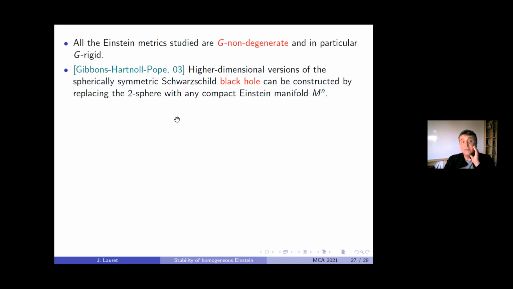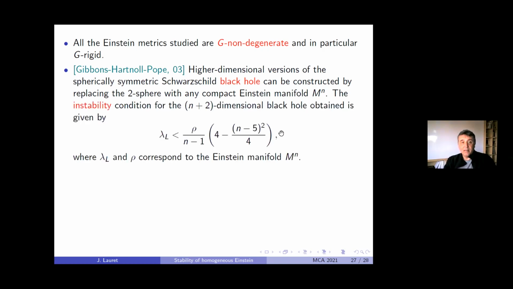There is this generalization of the famous Schwarzschild black hole, which is a 4-dimensional pseudo-Riemannian metric with some properties, where you replace the two-sphere with any compact Einstein manifold M^n.